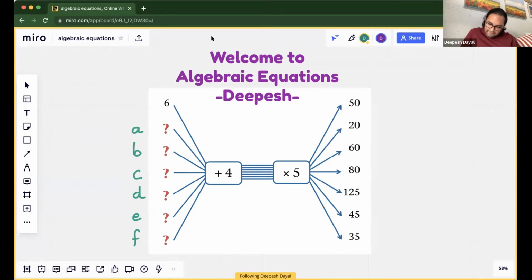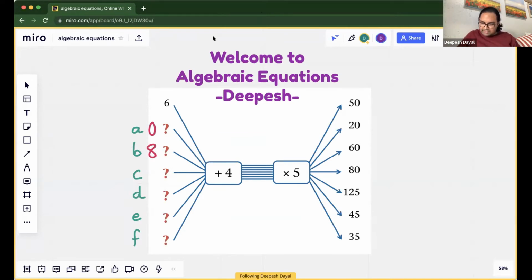Let's try B. What is B's answer? B's answer is 8. Everybody's saying 8. 8 plus 4 is 12. 12 times 5 is 60. So it is indeed 8.